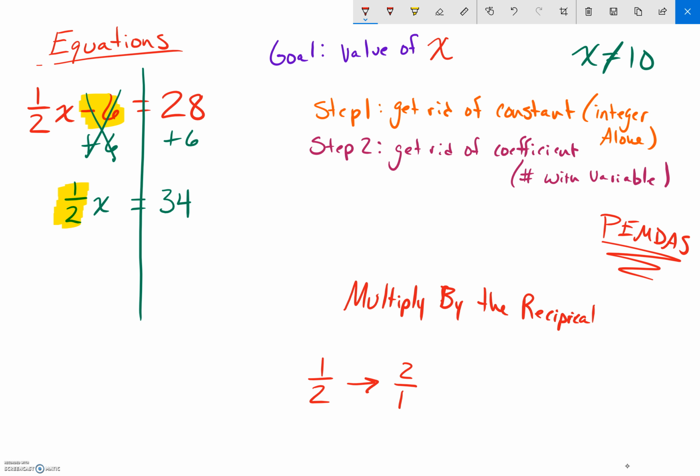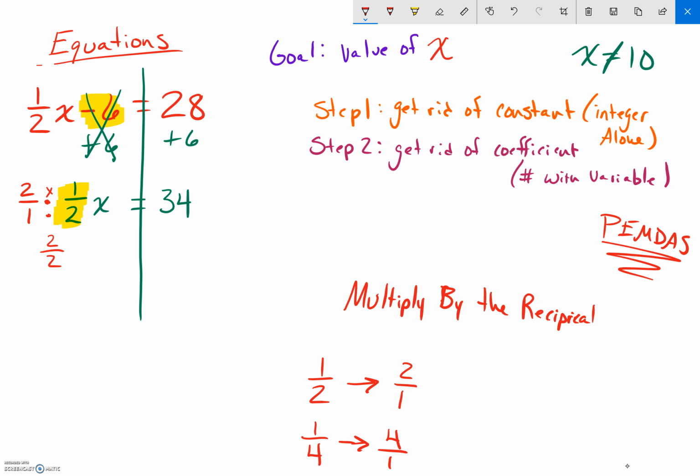Okay, the reciprocal of 1/4 would be 4/1. It basically just means you take the fraction and you flip it over. So if we multiply by the reciprocal, we're multiplying by 2/1. What that would equal would be 2 times 1 is 2, and 1 times 2 is 2. 2/2 is 1.